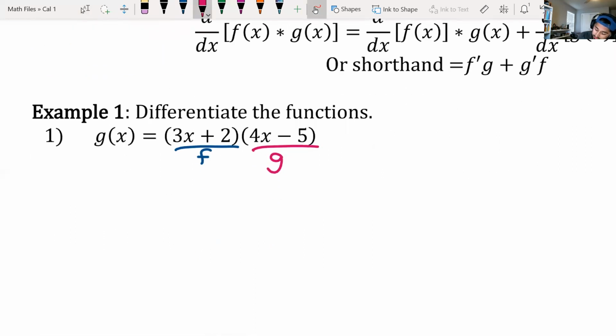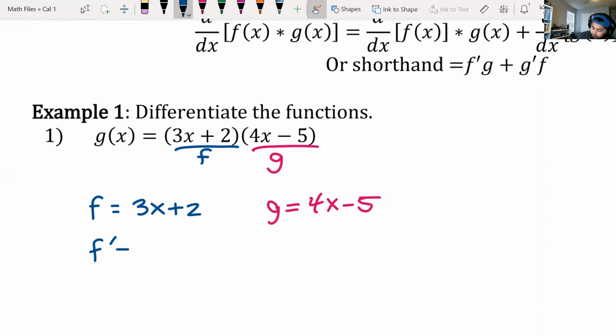And then I'm going to write them down below. f is 3x plus 2, and g is 4x minus 5. Now what we're going to do is take the derivative of f and g. So f prime is just going to be 3, and g prime is going to be 4.